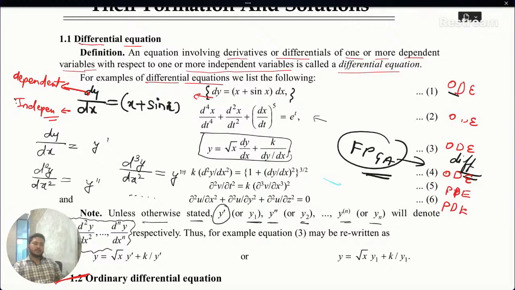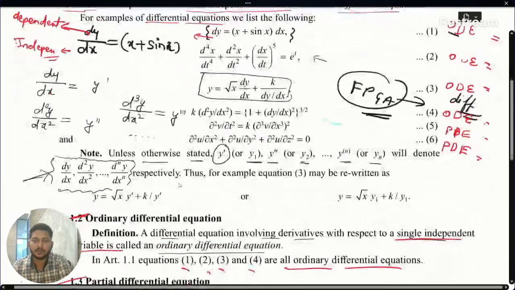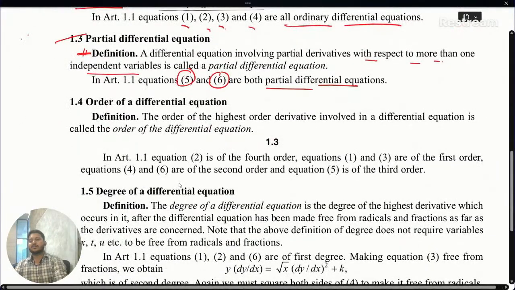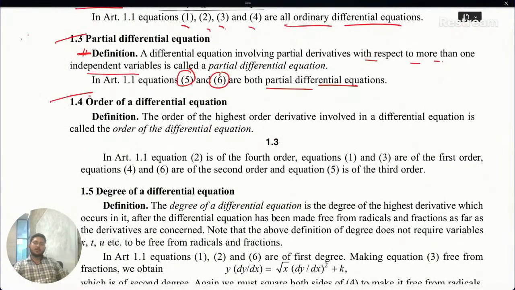This is a partial differential equation. So, the basic need and use of differential equations. Coming to the next point, here is the basic definition of the order of a differential equation.